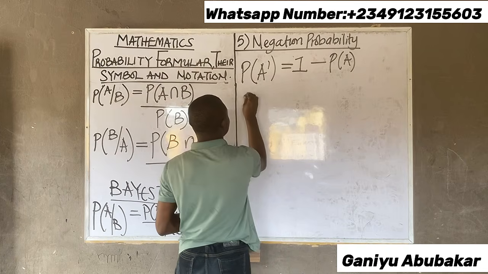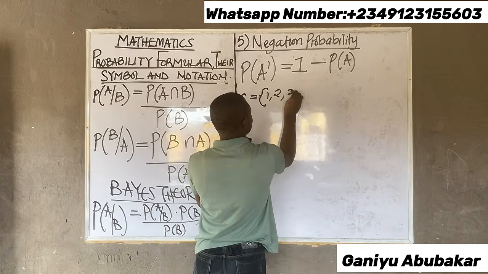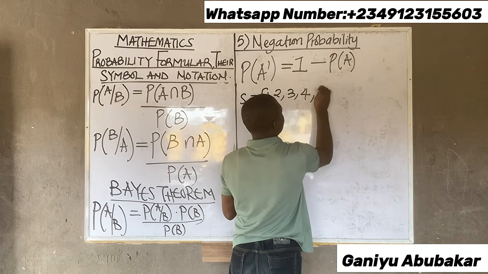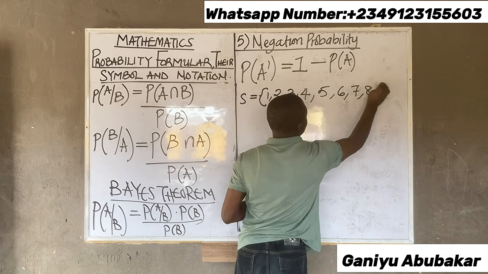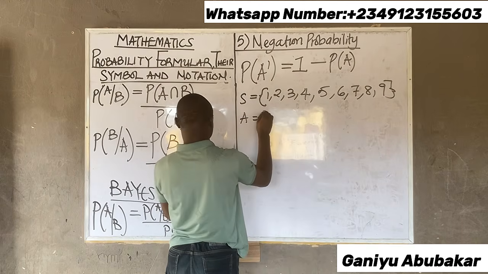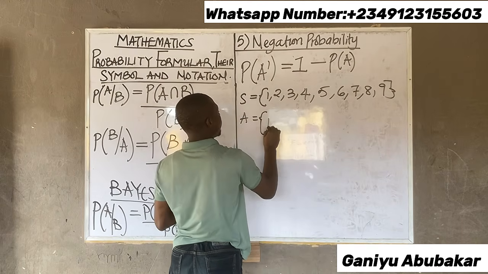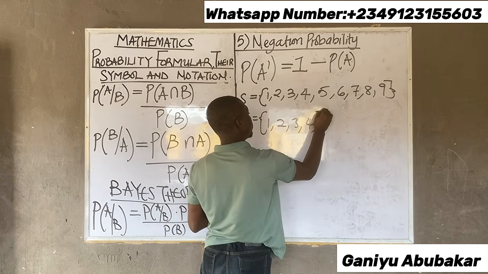So let's say I have the sample space to be 1, 2, 3, 4, 5, 6, 7, 8, 9, for instance, and I'm having A to be 1, 3, 4.